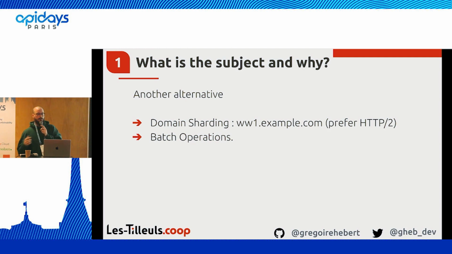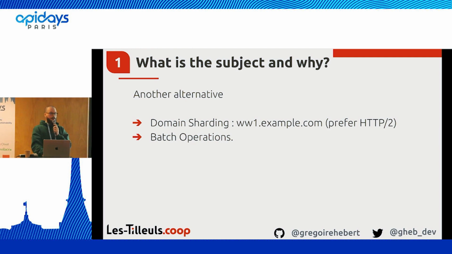So if I open a connection to mywebsite.com, I'm stuck with this connection. If I want a new connection in HTTP1, I need to wait for this one to be closed before doing a new one. So something that has been done for a while now is domain sharding. I will create www1, www2, www3. It's a trick to open multiple connections where in the end, behind these domains, it's the same application, right?